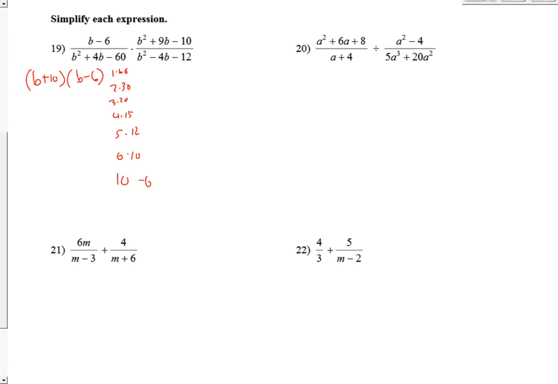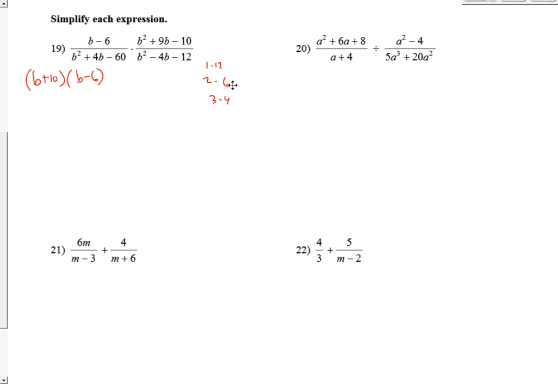So I get b plus 10 and b minus 6. Okay, and I'm going to erase this just to give myself some room here. All right, and I'm going to factor b squared minus 4b minus 12. So it's minus 12, so I'm going to take the factors of 12 and subtract to get negative 4. So 1 times 12, 2 times 6, and 3 times 4.